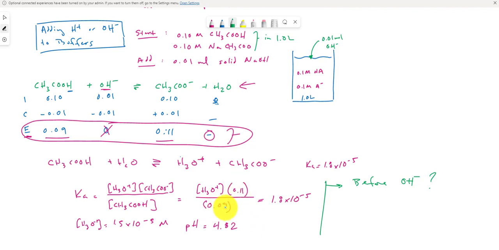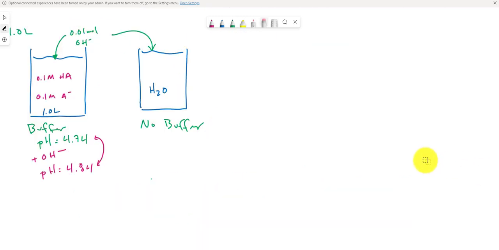Think about if we didn't have any of the weak acid present and all we had was the acetate ion. In that case, when we added hydroxide, we would end up having lots of base in the solution, and we'd end up with a pH that would be probably in excess of 10. So let's quickly look at that scenario just as a comparison.